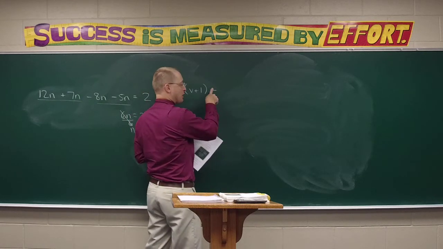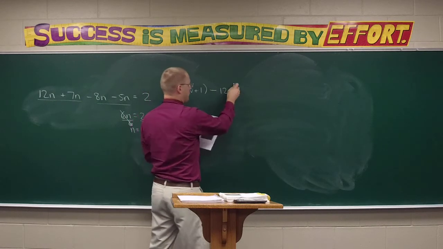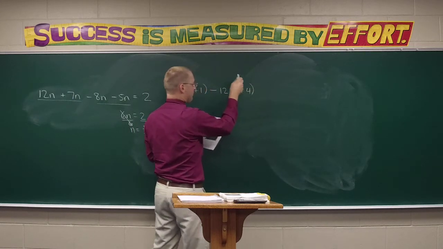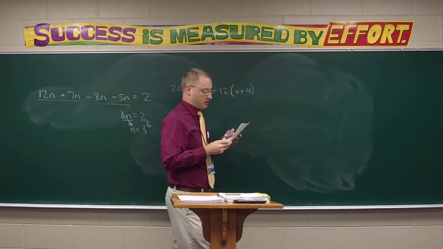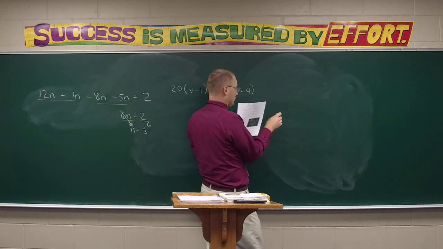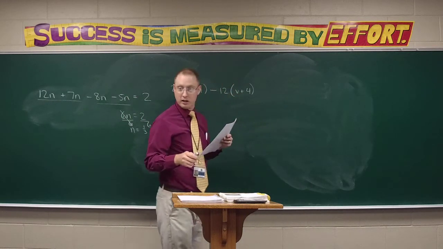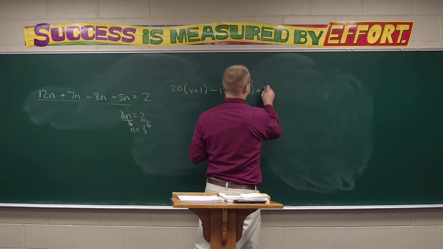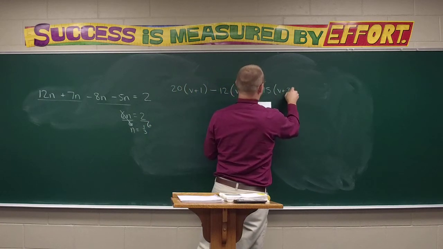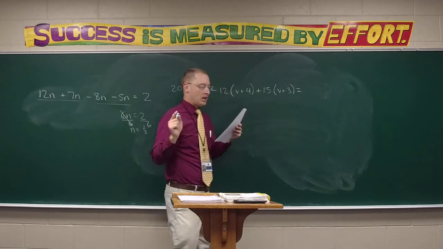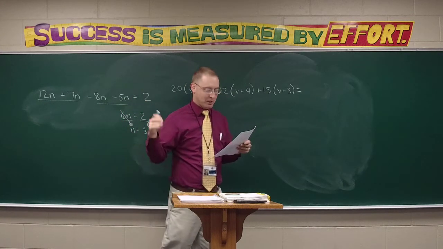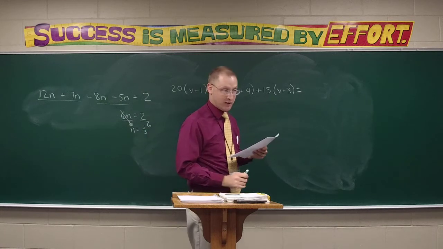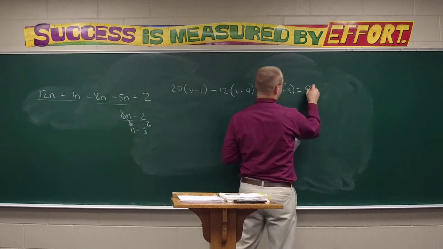But there was a negative here as well, so it really ends up becoming a negative 12 that needs to be distributed to the v plus 4 that was grouped by the fraction bar. 60 and 4 cancel to give you a 15. And so there's a 15 that needs to be distributed to the v plus 3. And a 60 needs to be multiplied by the 16. Nothing cancels, but 60 and 16 need to be multiplied to give us 960.